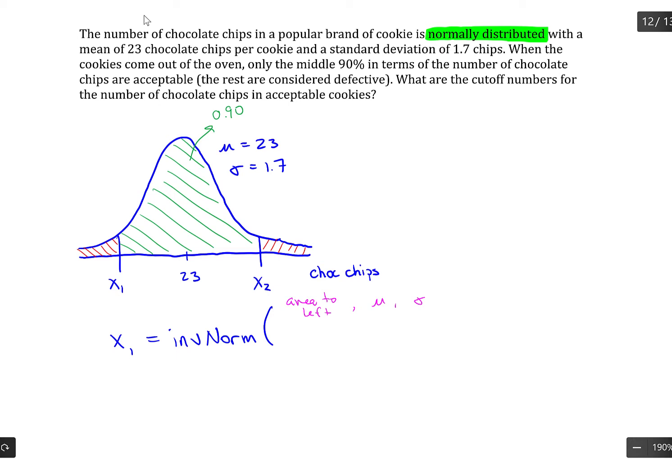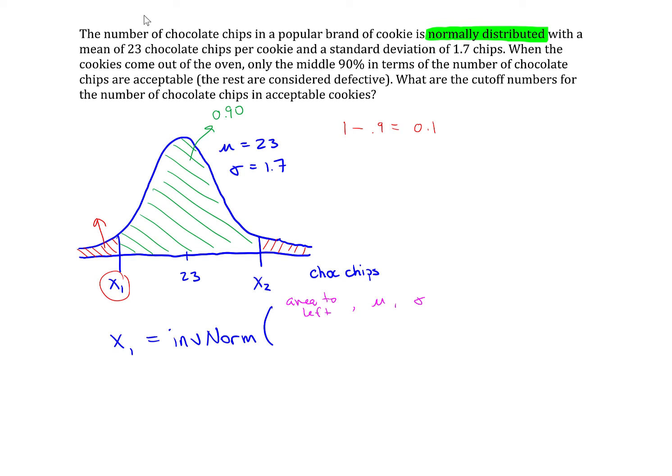So the area to the left of x1, because x1's the value we're looking for first. How much is down here in this red area? Well, there's 90% in the green area. If I took 1 minus 0.9, that gives me 10% of the area in red. But there's 2 of these red regions.